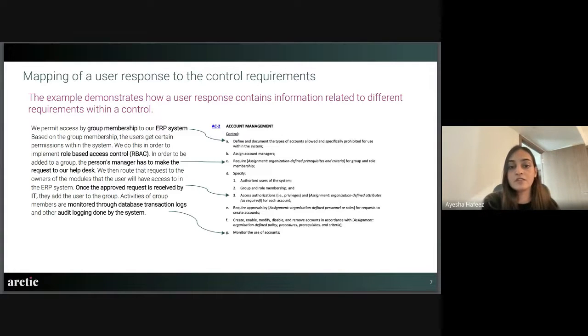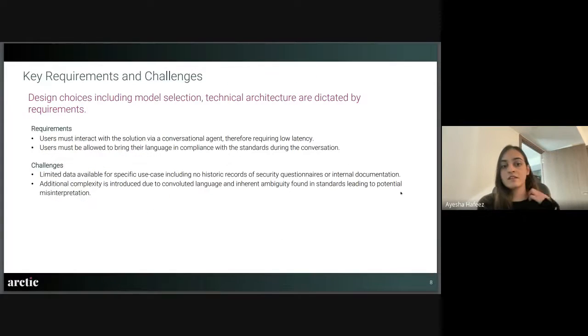And then on the right, you see a control for AC-2 within the NIST 800-53. And you see how different parts of the user response map to different sub-requirements within these controls. It is essential when we're trying to automate this for us to be able to map which part of the security questionnaire is addressing these requirements and then determine compliance accordingly.